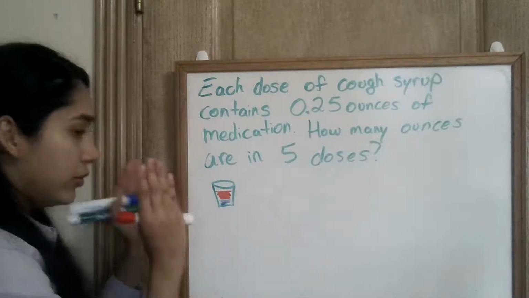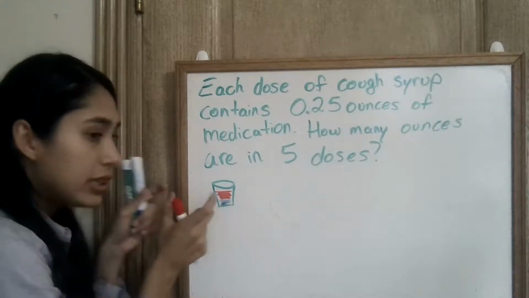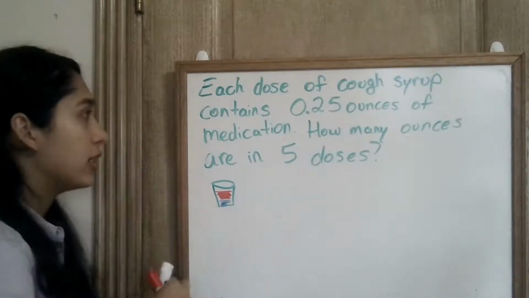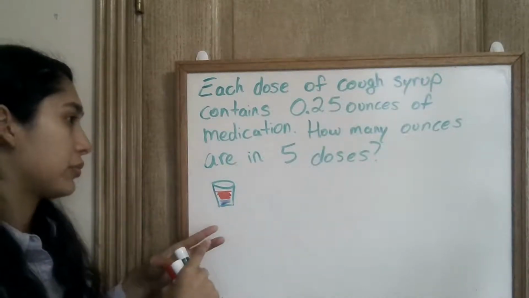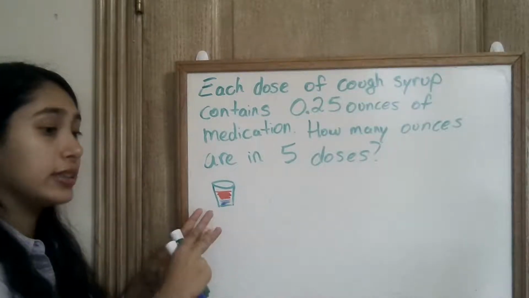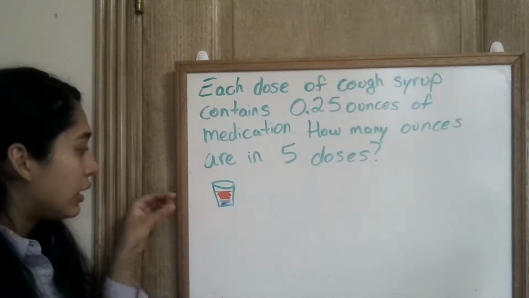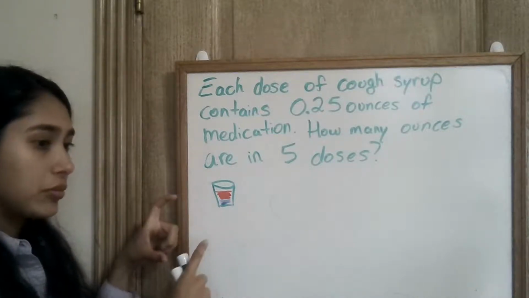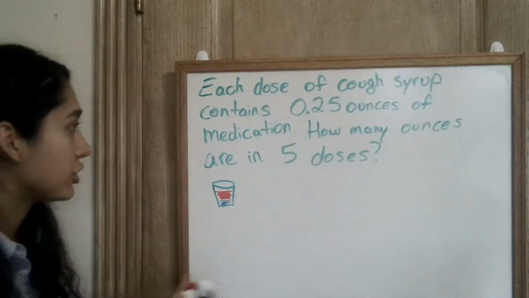So we have the dose right here. All of this is the dose. But within that dose, some of it is flavoring, syrup, just so it can go down easy. And then that's when they added the medication. Instead of being the powder, they make a little kind of concoction.